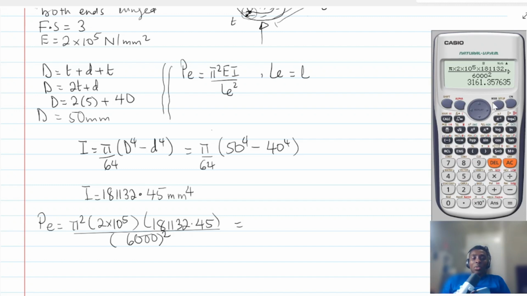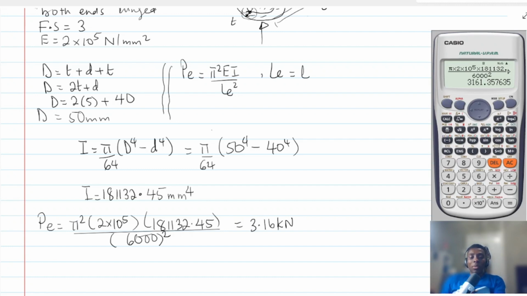So basically the Euler load is around 3.16 kilonewtons.